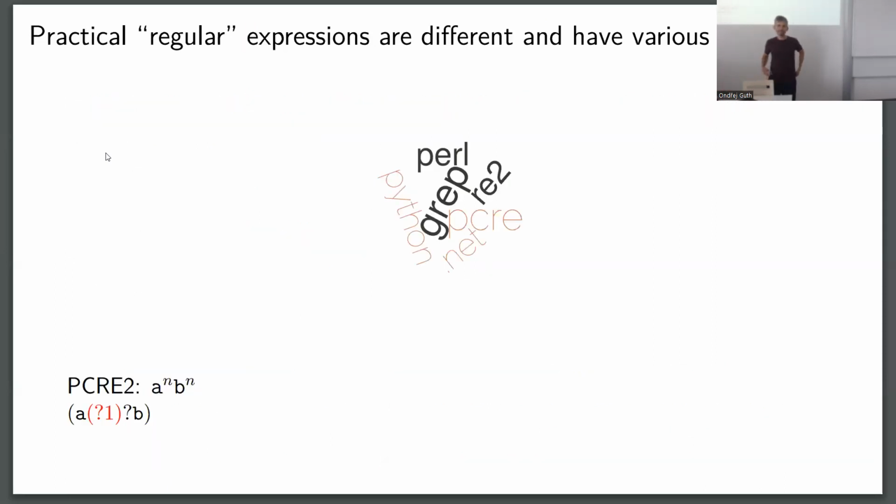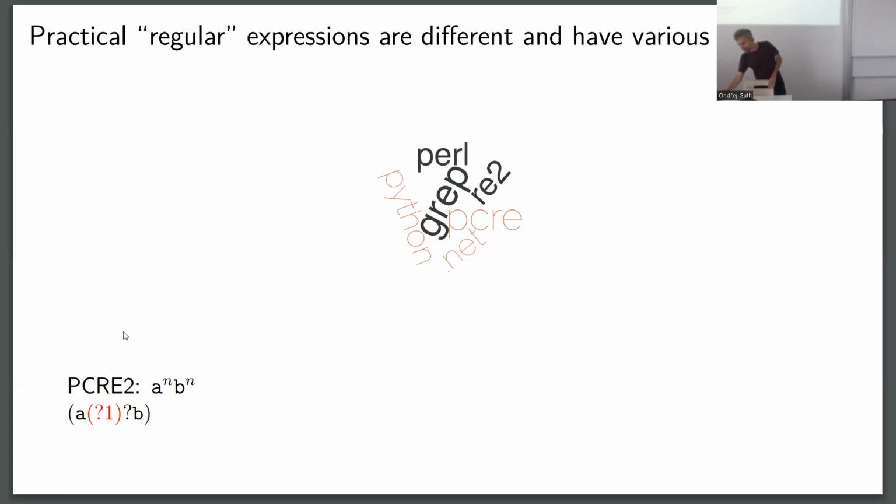But in real-world tools, there are other things we can use. For example, some restricted repeats, character sets, etc. And the problem is that in every tool, the syntax and semantics is a little bit different. They are not unified, and they are definitely not the same as the previous theoretical model.